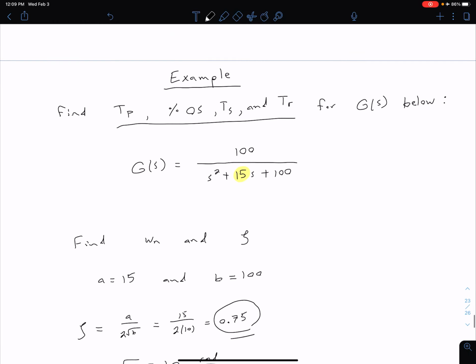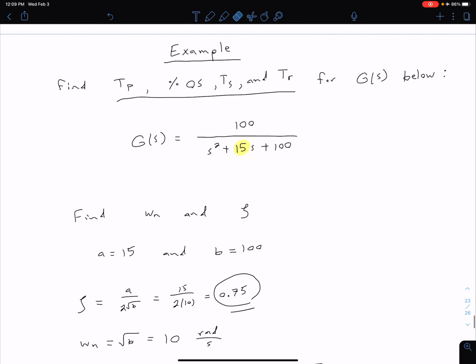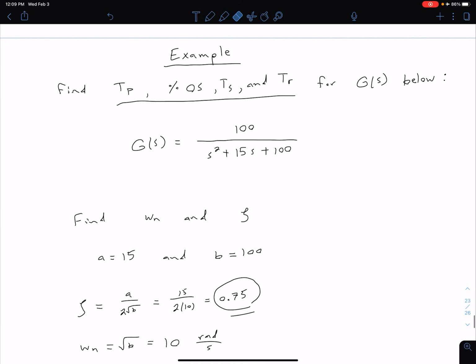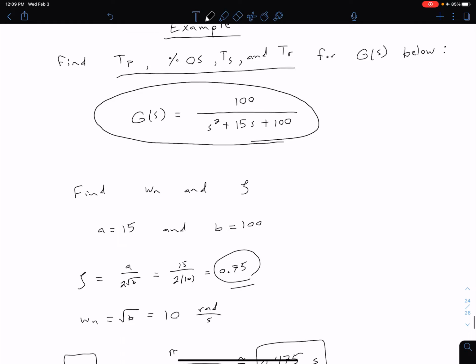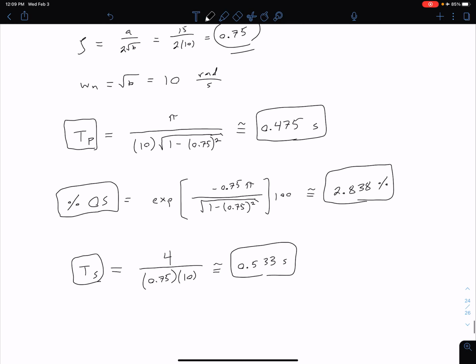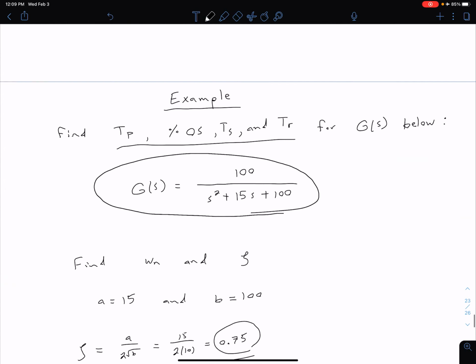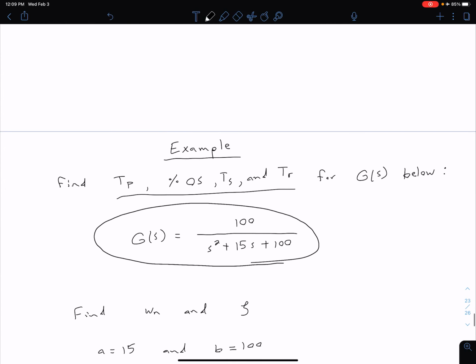A couple quick comments I want to make: notice we were able to characterize the behavior of this system in the frequency domain from this G of s transfer function equation. If we didn't have the equations that we had derived previously for our TP, percent overshoot, TS, and this data for our rise time, we would have had to take the inverse Laplace transform.